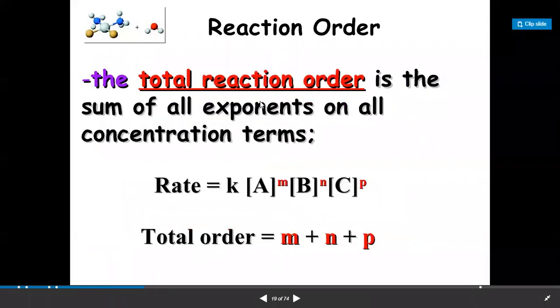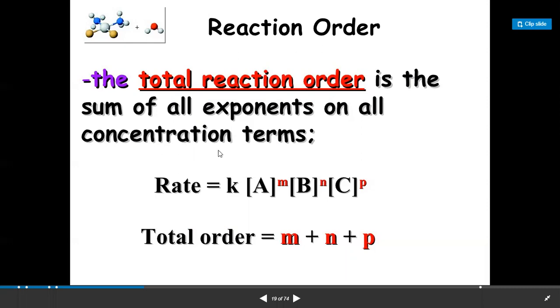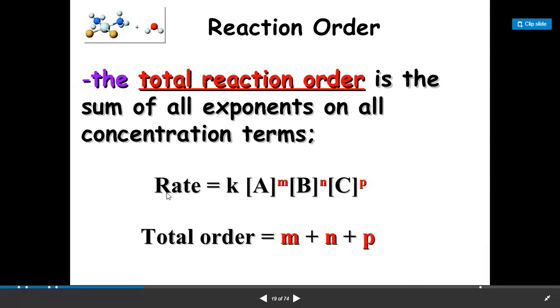And next, reaction order. So here, for example, he has taken small m A plus small n B plus small p C gives rise to product. For that, this is the rate expression method. Rate is equal to K into the concentration of A power small m, that is the numeral present in front of A, into [B] power n into [C] power p.